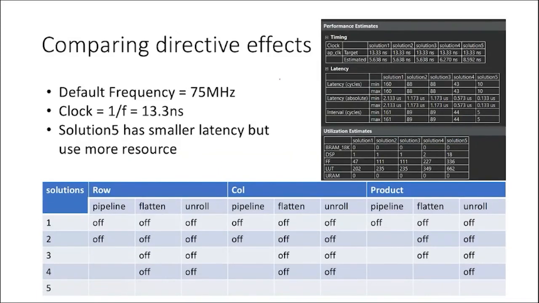Okay, so what I did, you can see this detail in my slide. I compare the effect of different directives, pipelining, flattening, and unroll, in different loop hierarchies: row, column, and product.